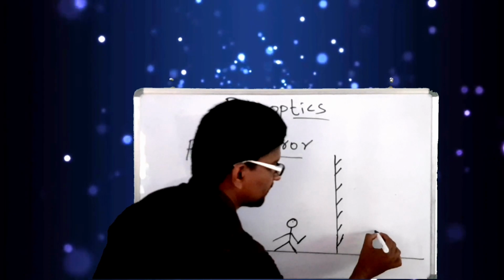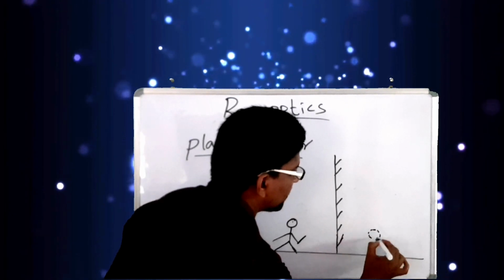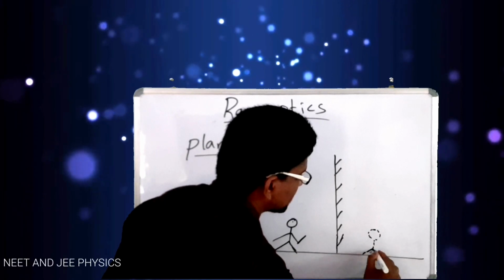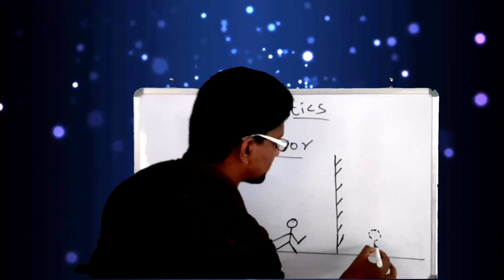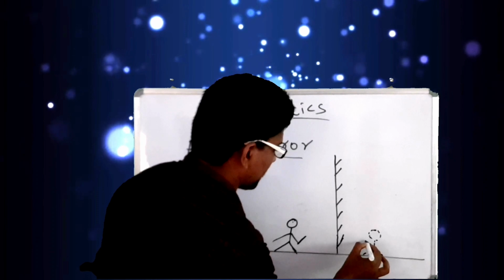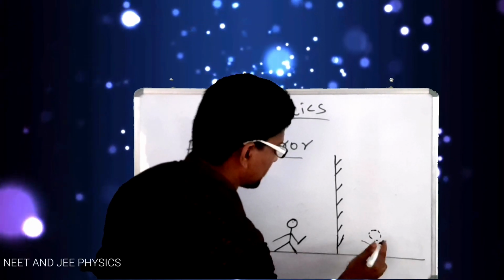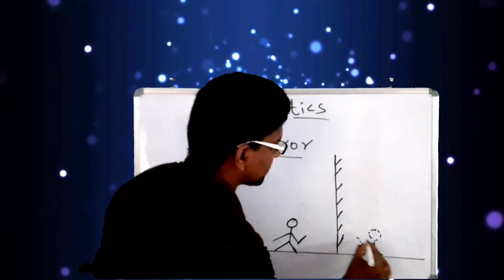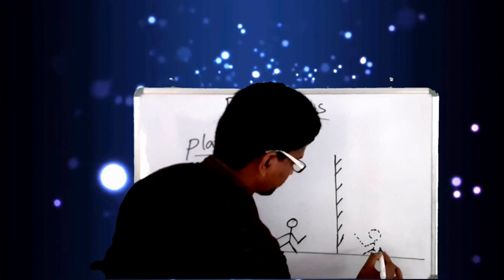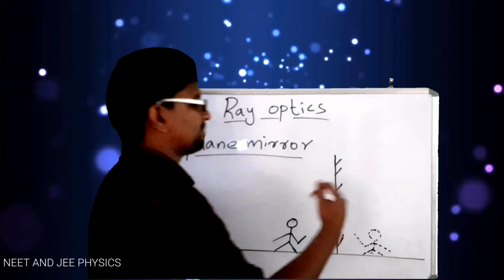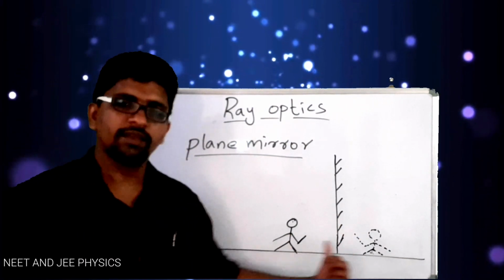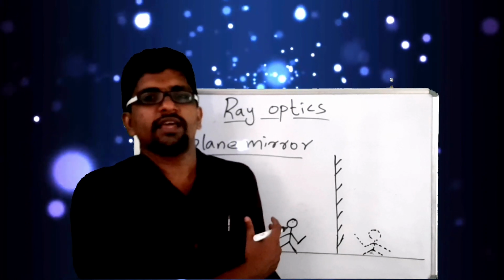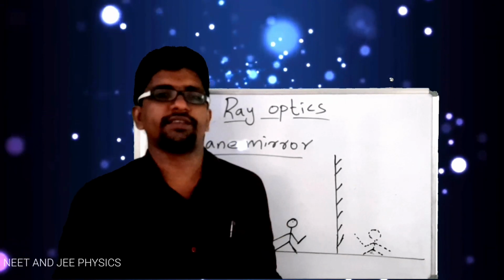Actually, that image is a virtual image. Here you can see the size of the image and the object is the same. The size of the image and the object are both the same, and this image is laterally inverted, that means left side becomes right.